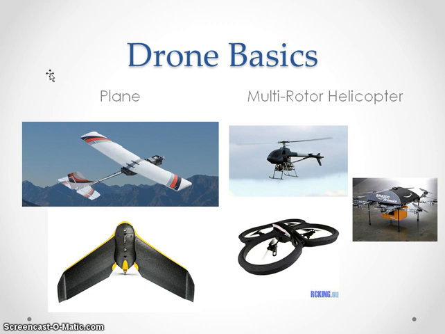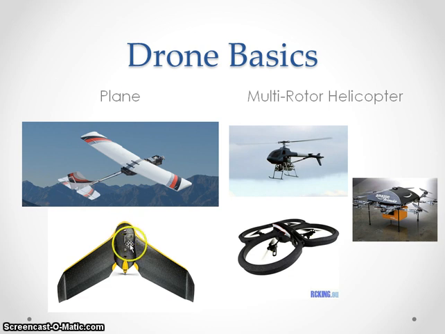Most drones that are going to be used in the agricultural market are flown through autopilot, although some of the more basic ones are actually RC, where you have to have someone pilot them. And then that other fixed wing you'll see is just a little bit more radical design.